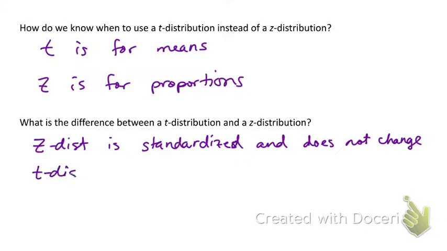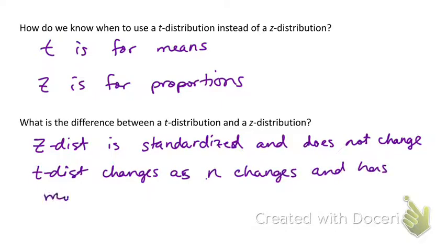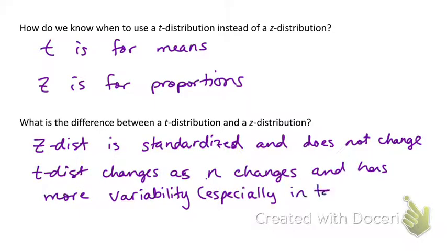T distribution changes as n changes and has more variability, especially in the tails. So we've got more variability, especially in our tails for the T distribution. Z distribution is standardized and doesn't ever change. It's always going to be set and the same. All right, cool. So that was just some recapping, making sure to remember all that. Any questions about any of that?